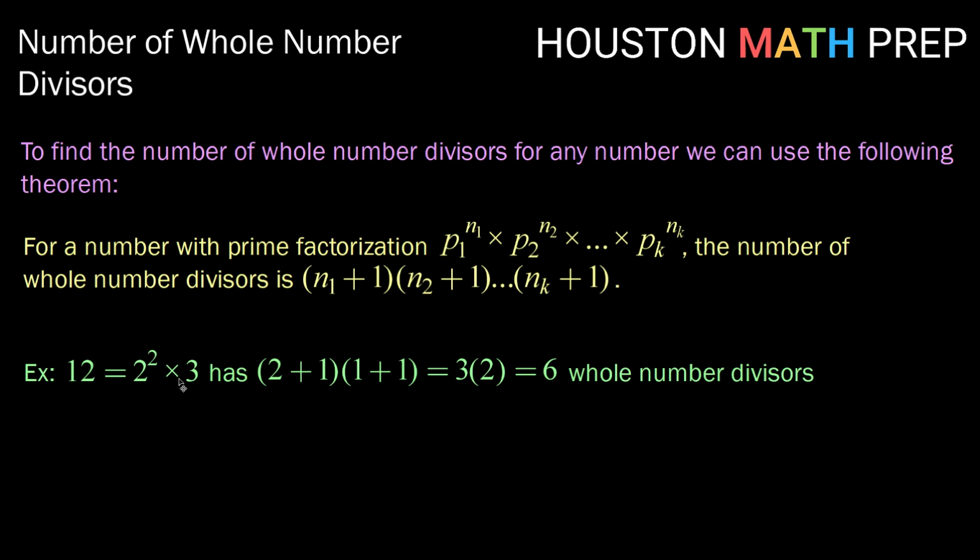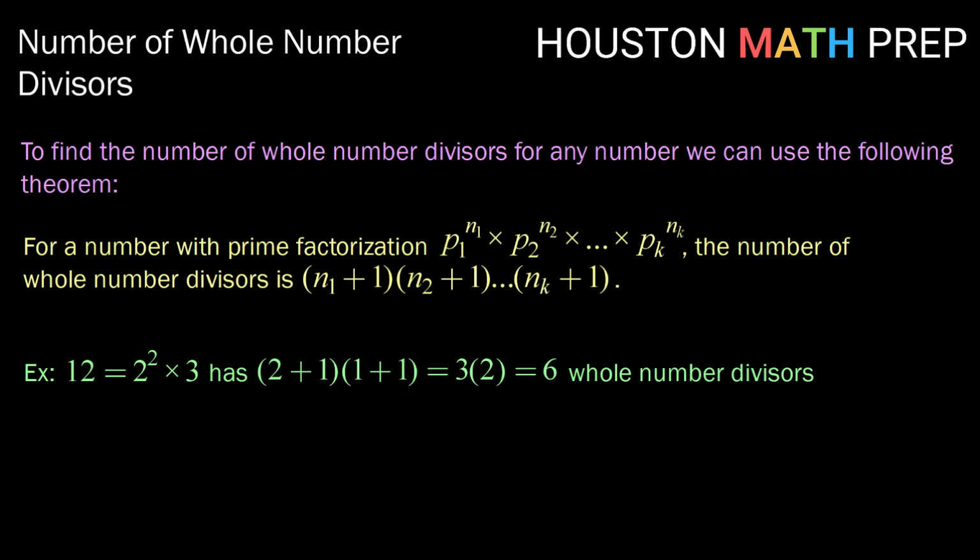So that means that 12 has 2 plus 1 times 1 plus 1, or 3 times 2 equals 6 whole number divisors. Now if you think for a minute, can you list those 6 whole number divisors? They are 1, 12, 2, 6, 3, and 4.